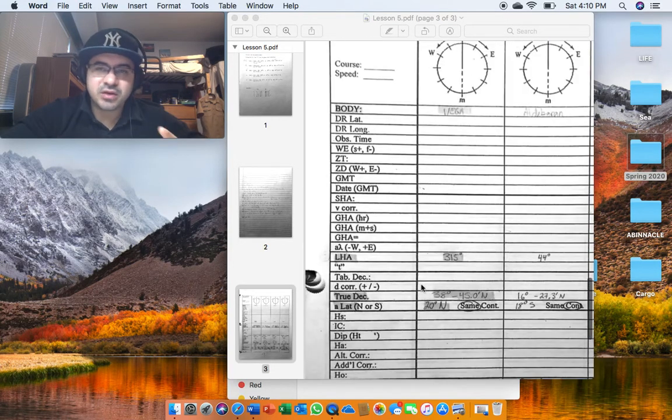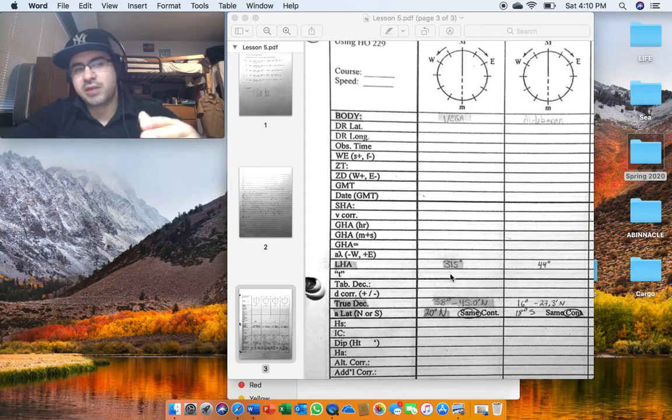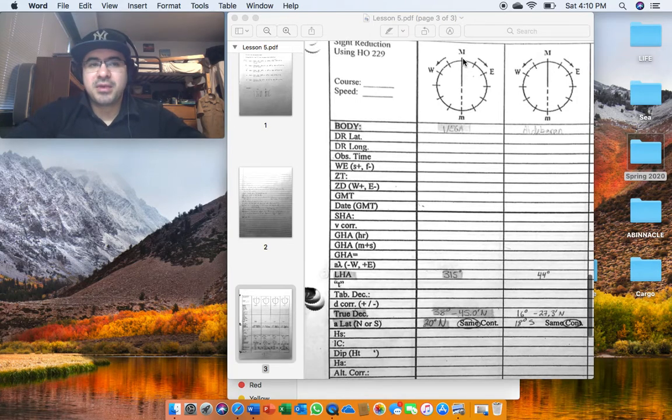The best way to do this is when you do your LHA, do your T. So you'll eventually be able to get to the LHA of 315, right? You get to the LHA of 315, and from there right away, just do your T. And remember that your T is M, either east or west. It cannot be greater than 180. So remember that our LHA was 315. That means that our T is from here to here.